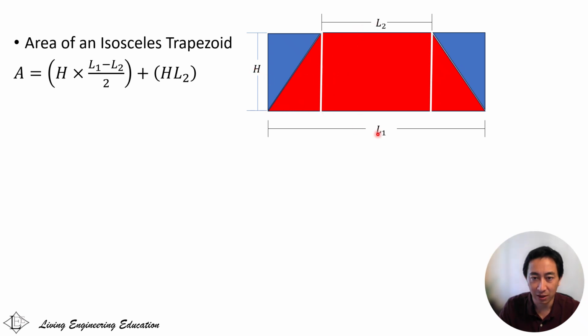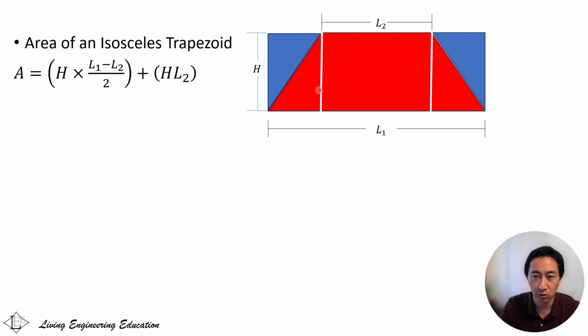This length is L1 minus L2, and that would be this length plus this length. So divide by 2. L1 plus L2 divided by 2 gives me this one length. That's what this term is right here. Times h would give me this full rectangle right here. If I only want to look for this triangle, I'll take 1/2 of that.